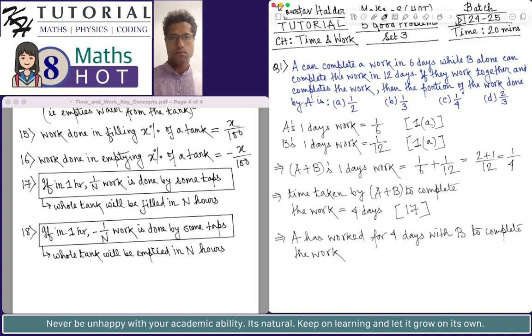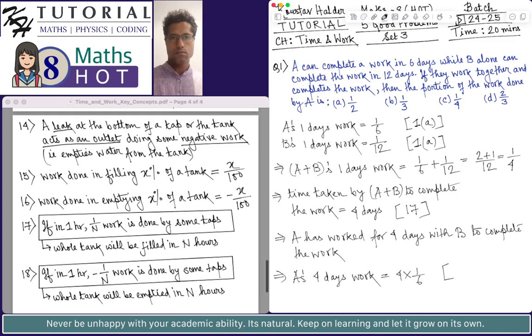Okay. So from the fact that A's 1 day's work is 1 by 6, we can say that A's 4 days work will be equal to 4 multiplied by 1 by 6. From the simple unitary method, A's 4 days work will be 4 into 1 by 6. There is also a concept I have listed down, I think.